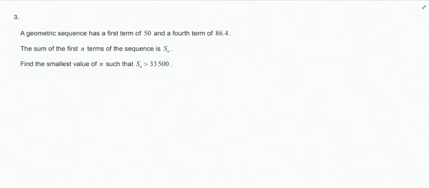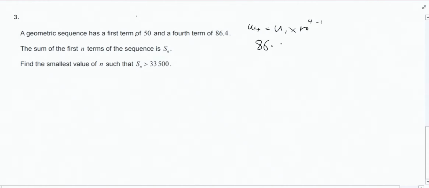Now question number 3. Basically this question says find the common ratio r using the formula, and we know that u1 is 50 and u4 is 86.4. So first let's find the value of r. We can write u4 equals u1 into r to the power 4 minus 1. So 86.4 equals 50 into r cubed.